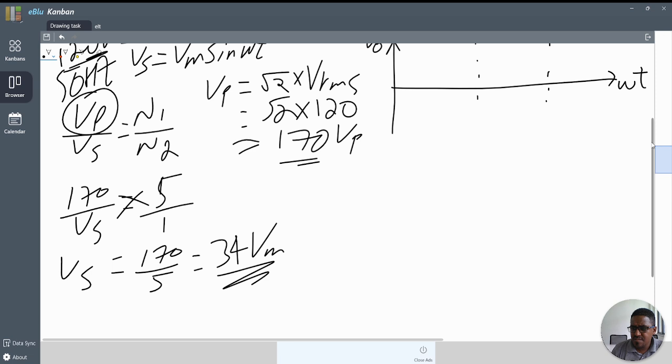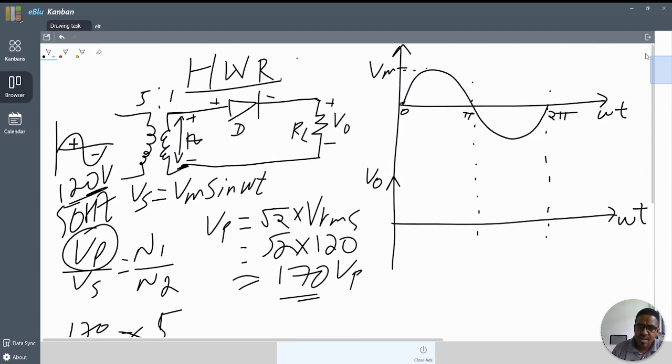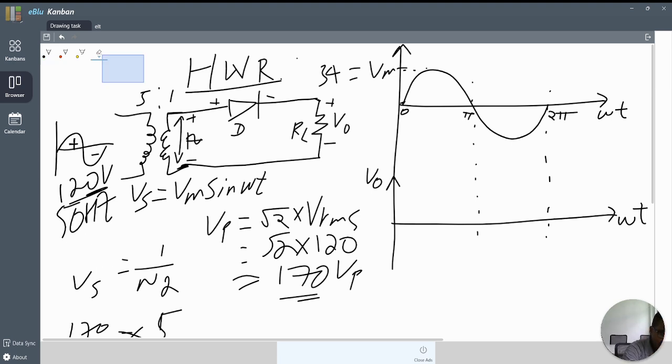So it has 34 volts. What about our V peak after the diode? Now let's see one by one.